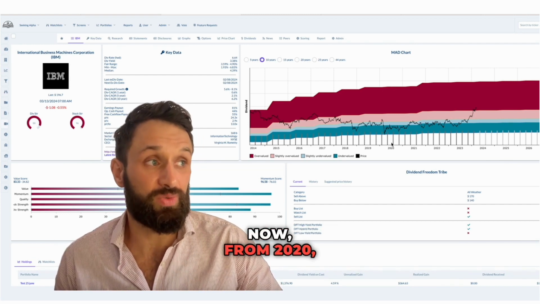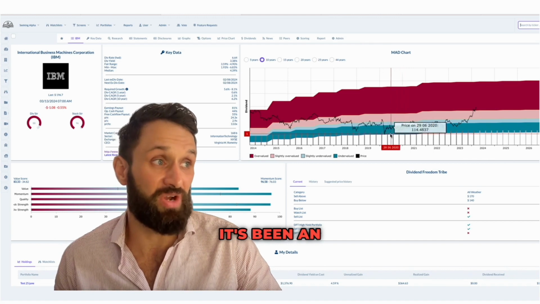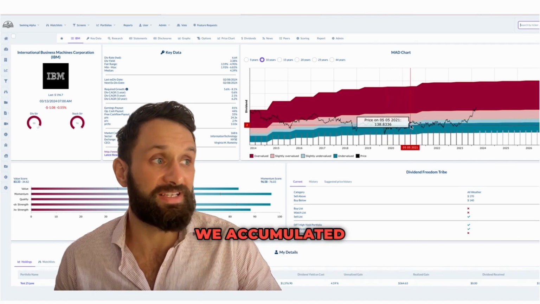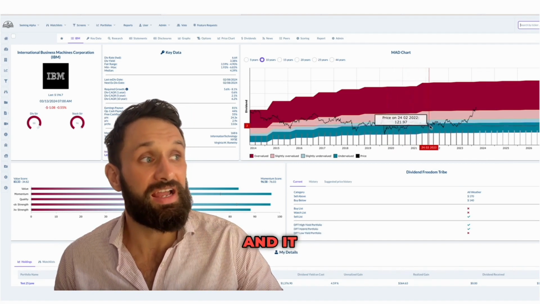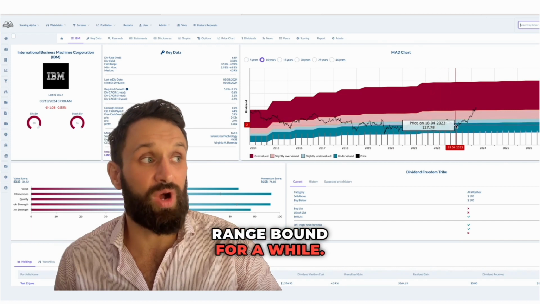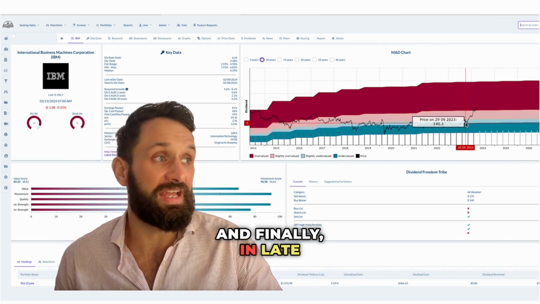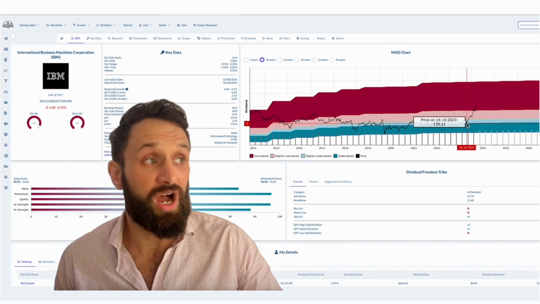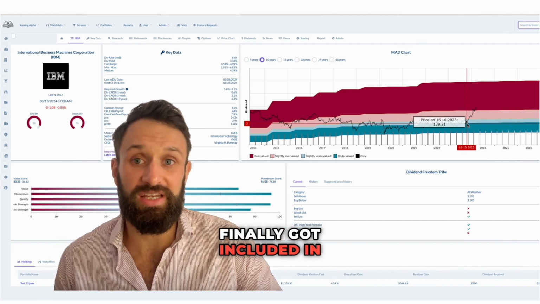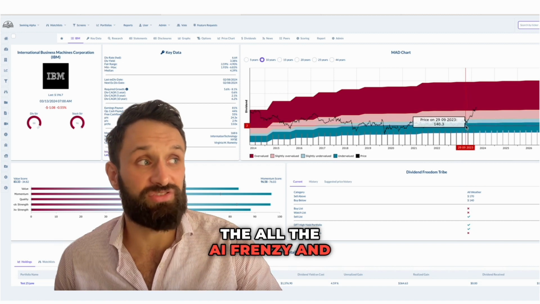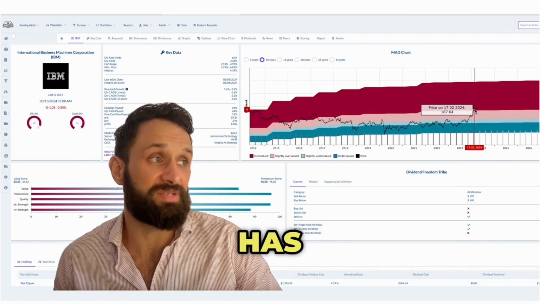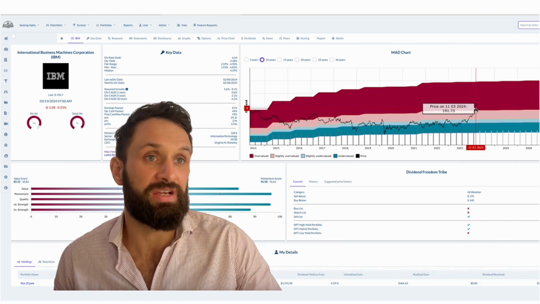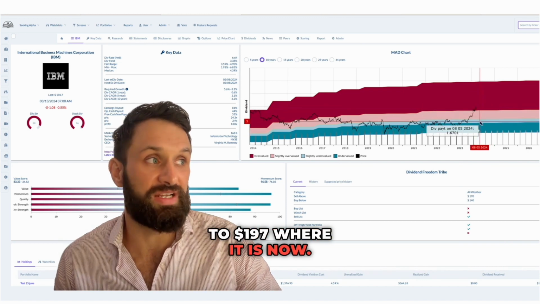Now, from 2020, it's been an easy ride. We accumulated a position over the course of the year, and it was range bound for a while. And finally, in late 2023, when the market started picking up again, IBM finally got included in all the AI frenzy and craze, and the price has been bid back up all the way to $197 where it is now.